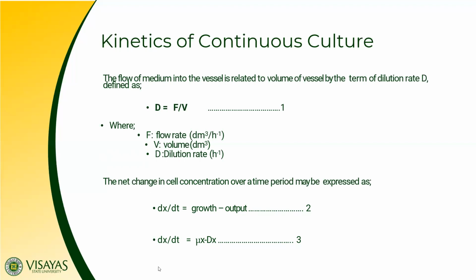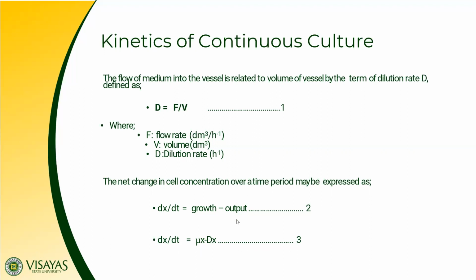So dx over dt is equal to the specific growth rate times x minus the dilution rate times x. So that's the net change of the cell concentration over time.